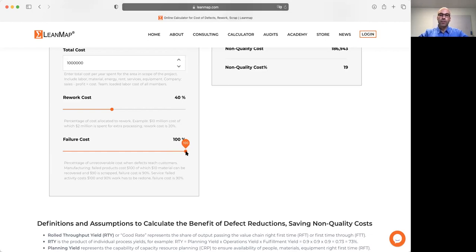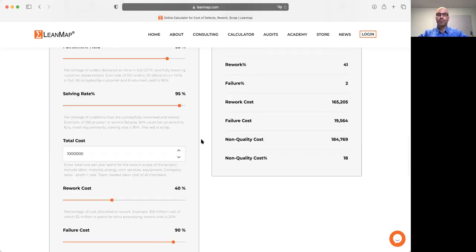But if we are producing something that we can recover partially, for example, in this case, we have 10% material that can be reclaimed. Or when we provide a service, we don't have to do the service completely new. There's always a part lost and a part still can be so-called recycled. In this case, we can use 10% of the output, and 90% is really lost in case of a failure.